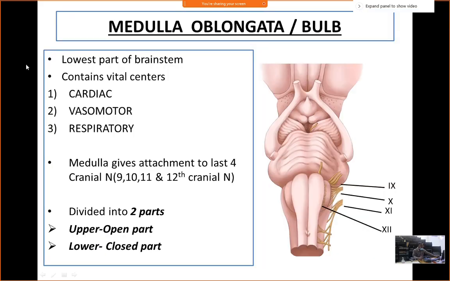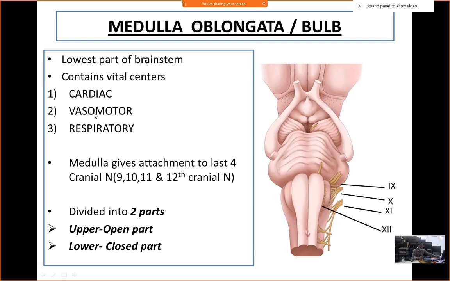The lowest part of the brainstem mainly contains the more important centers, the vital centers of the brain: cardiac center, vasomotor center, respiratory center. That is why any ischemia in the medulla oblongata is more dangerous. If the cardiac center is inhibited, the heart will not pump.